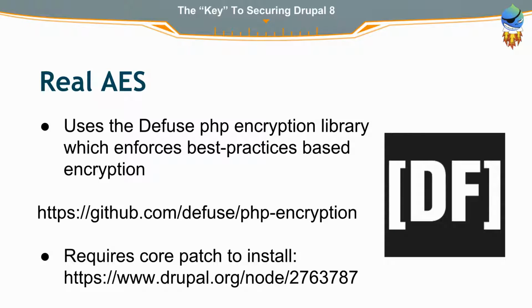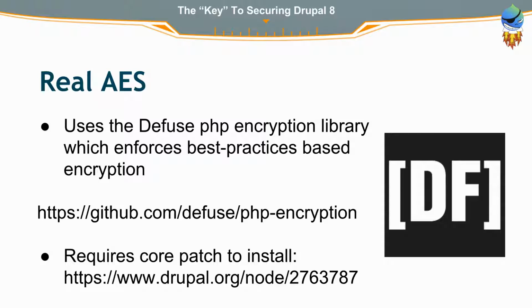What would make Real AES better than something like Encrypt? Encrypt is essentially abandoned. It hasn't been updated in 10 years or more, something like that. Drupal 7 has it as its default encryption method. Yeah.